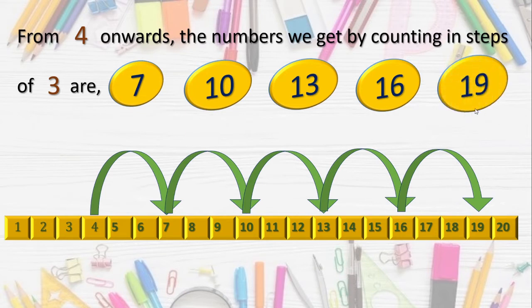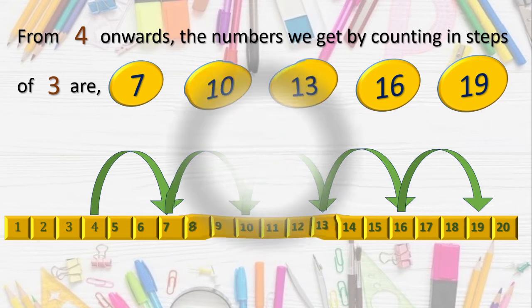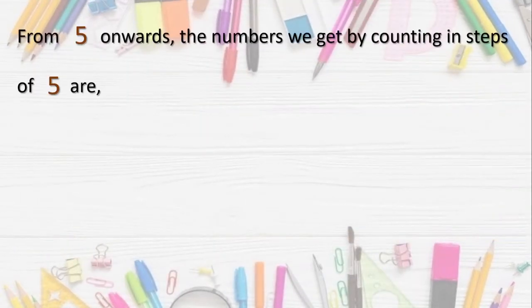We'll write here 19. Got this, children? Yes? Means we began from 4 and we followed steps of 3. So we got 7, 10, 13, 16 and 19. Isn't it?